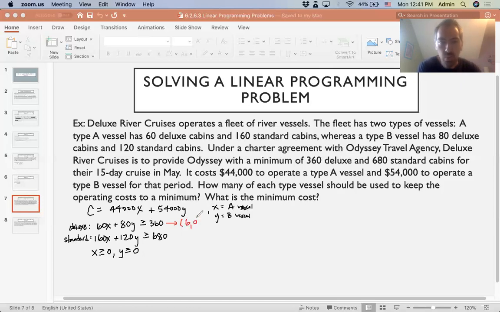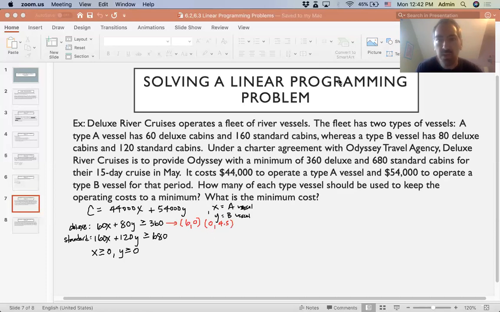We're going to find all the intercepts first, and then we're going to plot it on the graph. For the y-intercept, we divide the 360 by the 80, and 360 divided by 80 is 4.5.